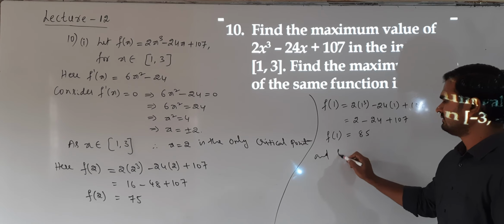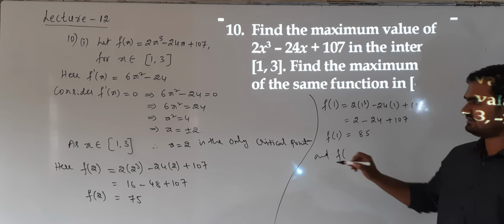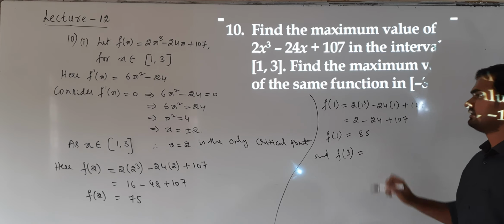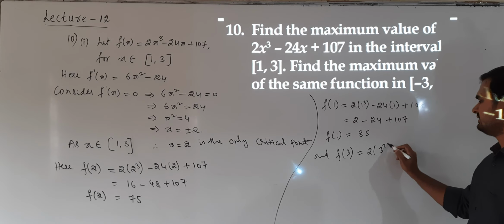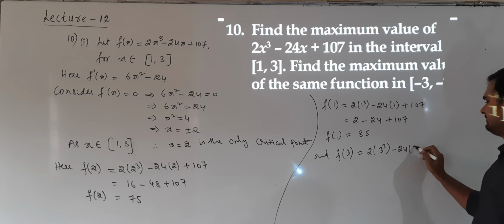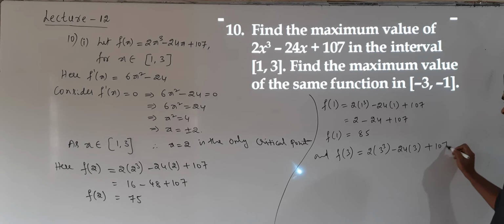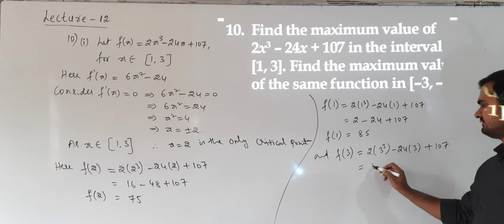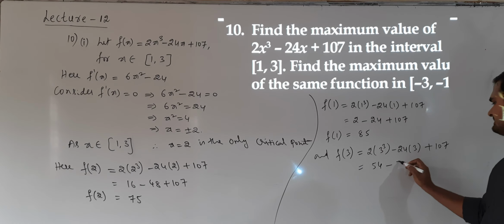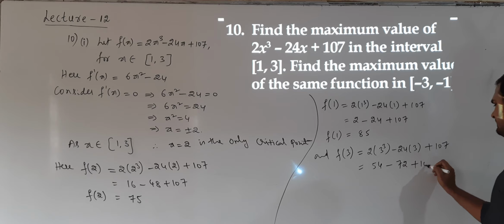And the functional value at the other end point 3. What is f of 3? 2 into 3 cube minus 24 into 3 plus 107. 27 into 2, 54 minus 72 plus 107.